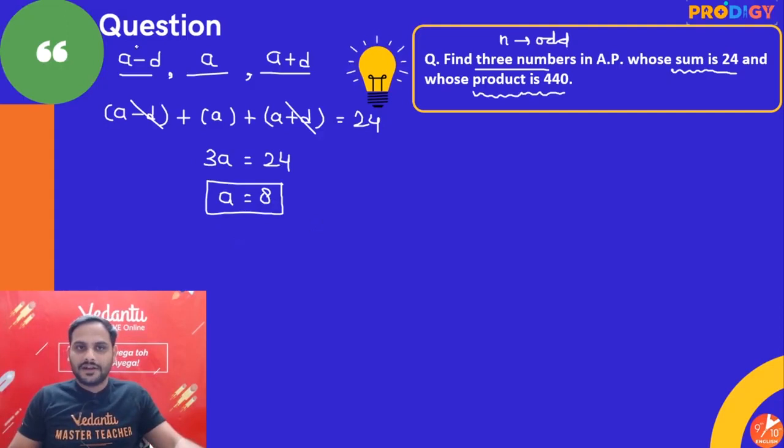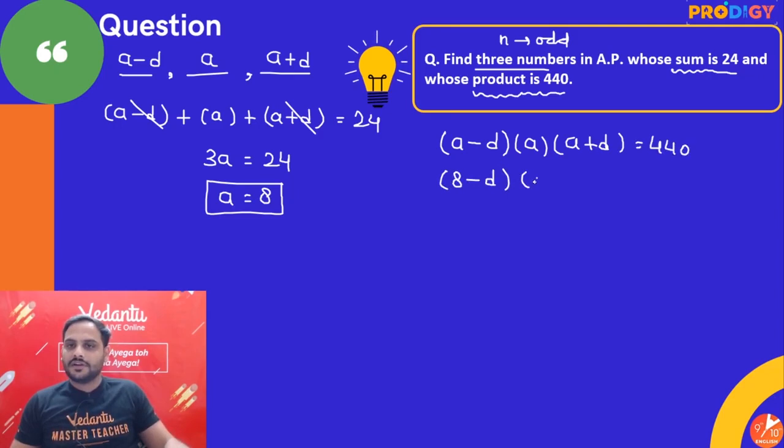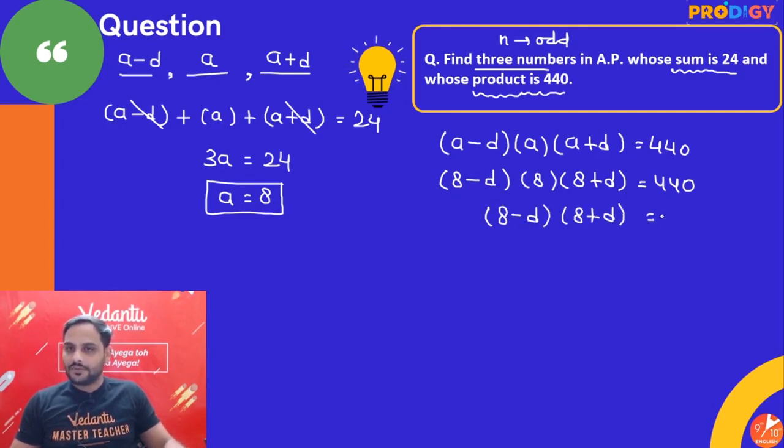Now I can say my terms have become 8 minus D, 8 and 8 plus D. Okay. Product is 440. That means A minus D into A plus D is equal to 440. A is 8. 8 minus D into 8 plus D is equal to 440. Shift 8 in division. You are left with 8 minus D into 8 plus D is equal to 440 upon 8.